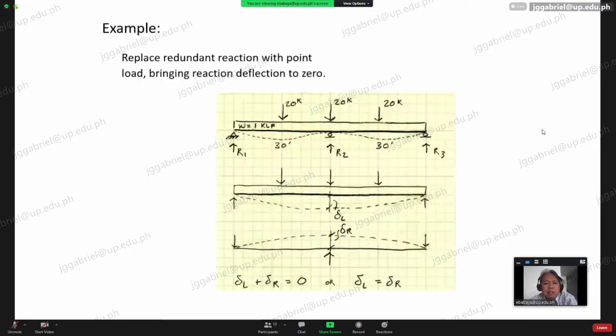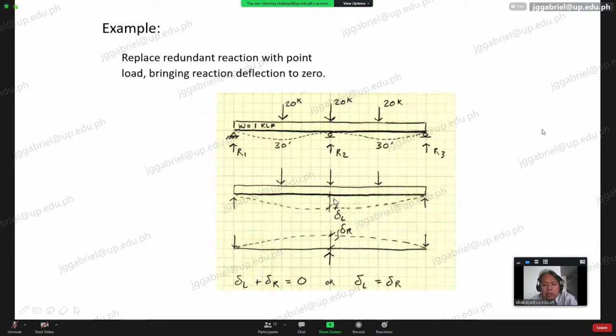Now let's have an illustration so that you will better understand it. Replace redundant reaction with point load, bringing deflection to 0. This is delta, deflection due to the load plus deflection due to the reactions, or the deflection due to the support.